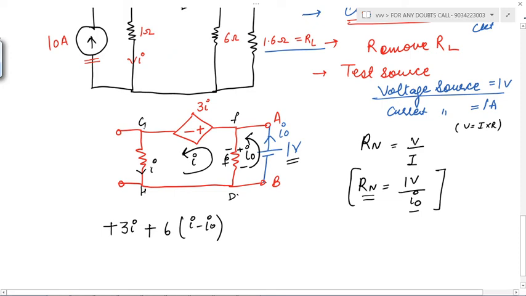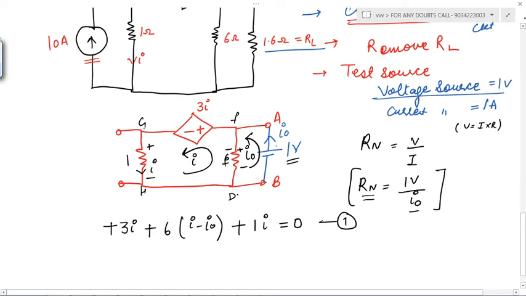D to H, nothing is there. Now mark the sign here also, positive, negative. Now H to G, the second sign is plus, resistance is 1, and current is I, equal to 0. This is our equation number 1.